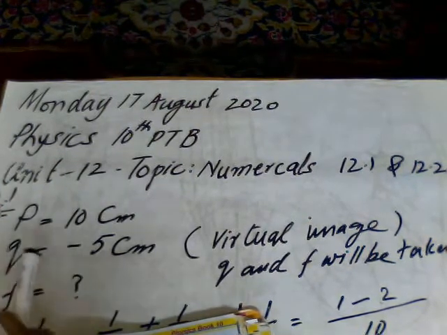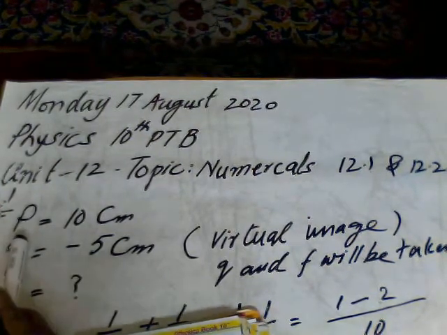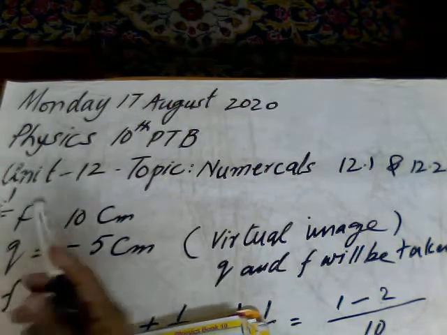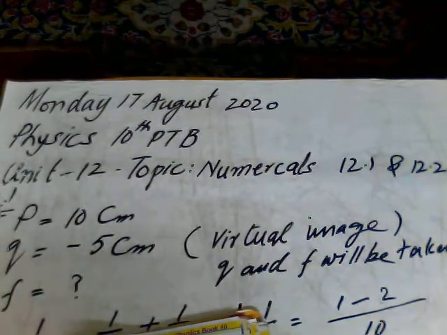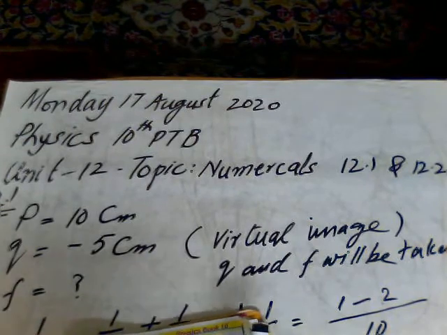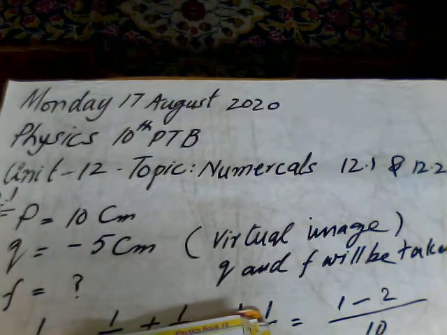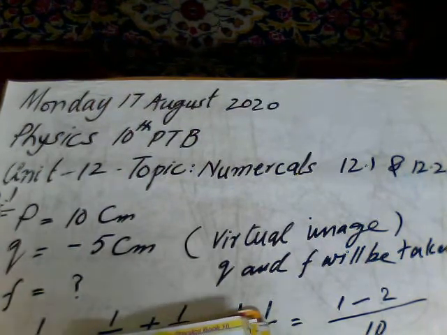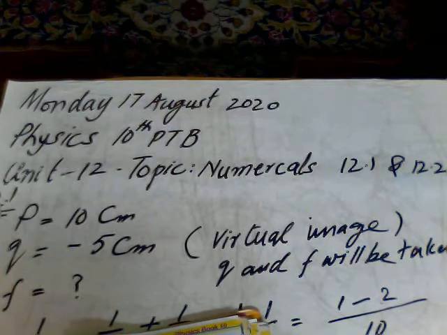So the data: the object is placed 10 centimeters in front of the convex mirror, and an image is formed 5 centimeters behind the mirror.